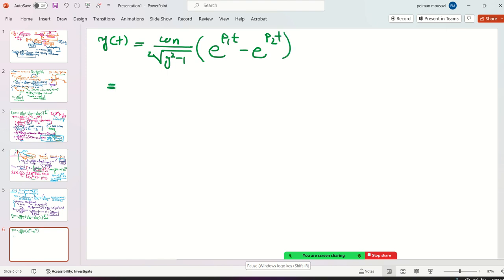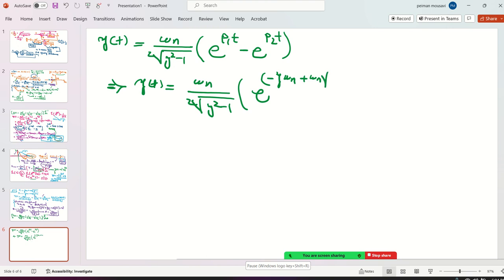Replacing p1 and p2, the two poles, you get y of t for the overdamped system with the input of impulse: e to the minus zeta omega n plus omega n square root of zeta square minus 1 times t, minus e to the minus zeta omega n minus omega n square root of zeta square minus 1 times t.